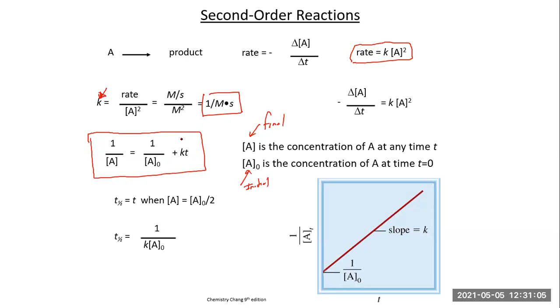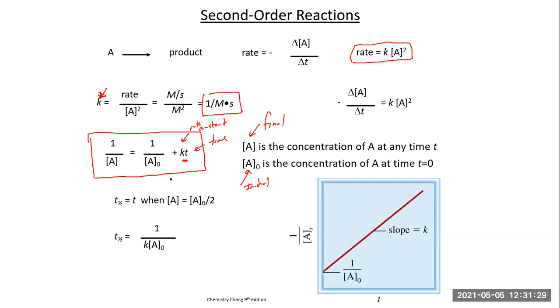Our k is still our rate constant, and again, our t here is still our time. We also, much like the other one, need to be cautious of units there and make sure that they are the same as well.